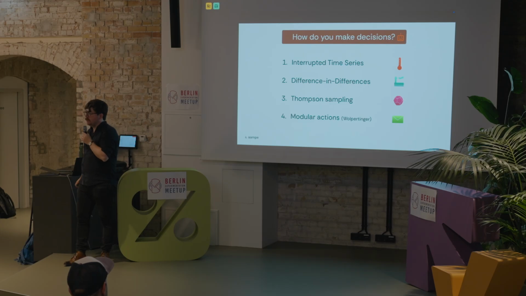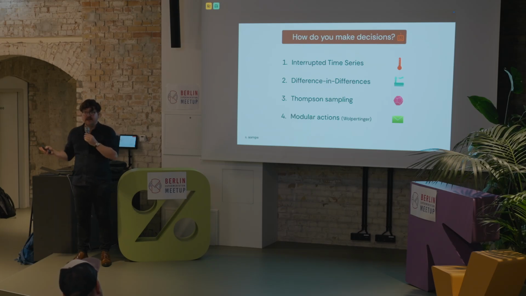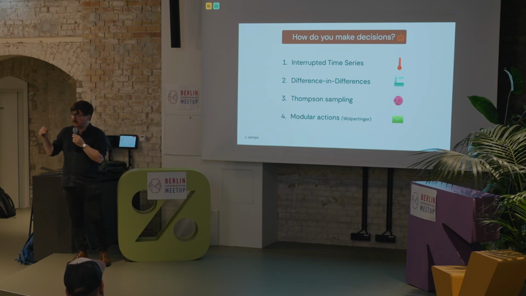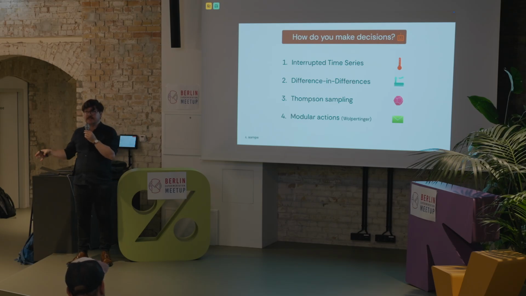Right. So I said there's four different aspects that we really need. First one was, how do we measure these things? Well, that's using an interrupted time series where you look at what happened before and what happened after. That's not enough to be causal, so you need this difference-in-differences approach to make it a causal estimate. You can use Thompson sampling to go from estimates to decisions, and then you're using modular actions.